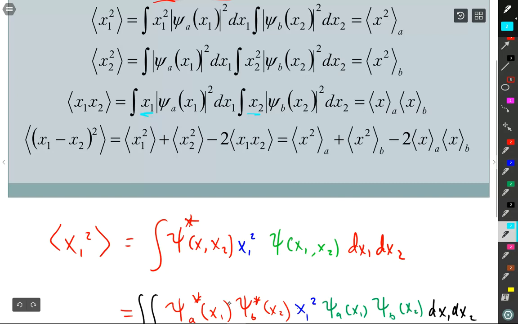So this here is expectation value of x in state A, and this is expectation value of x in state B. And so we can then write out this expectation value of x1 minus x2 quantity squared by substituting those three calculations: x squared expectation value for state A plus x squared expectation value for state B minus 2 times expectation value A times expectation value B. Pretty simple, at least compared to what we're doing on the next slide.